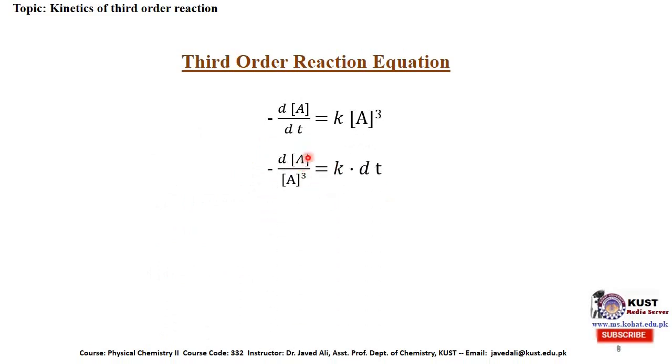Now we can rearrange this equation to convert it into integrated form. Minus dA divided by dt is equal to Ka cube can be rearranged to minus dA divided by A cube is equal to K dt, by shifting A cube to this side and dA to the other side. Now to convert this to integrated form, we take integration: minus integration dA divided by A cube is equal to integration K dt.